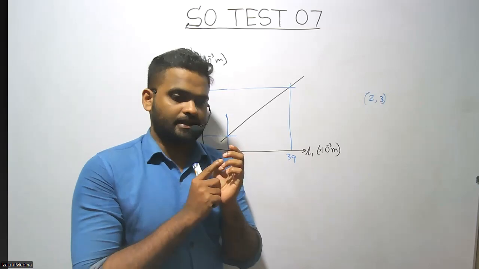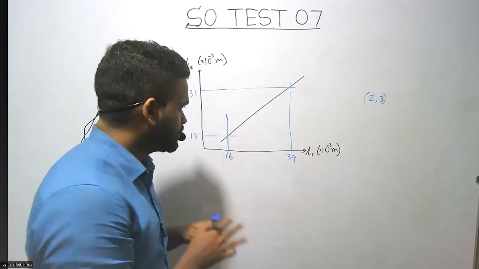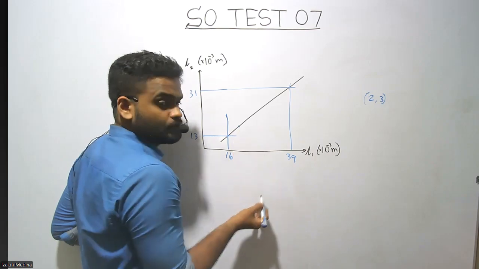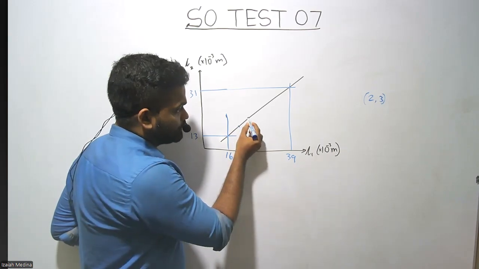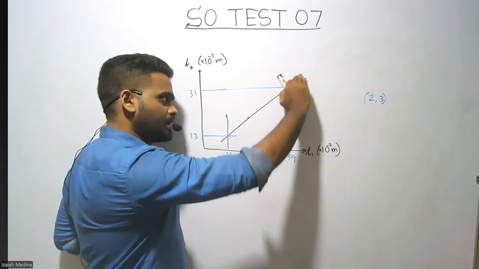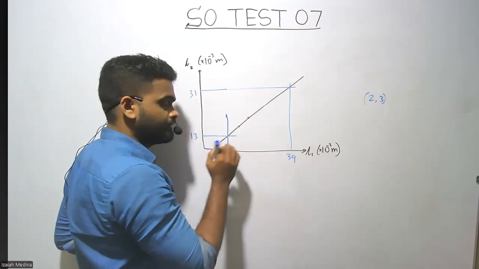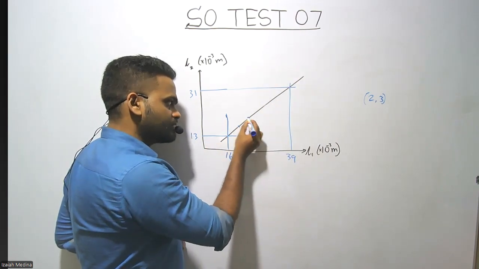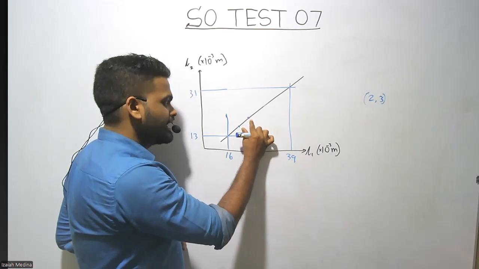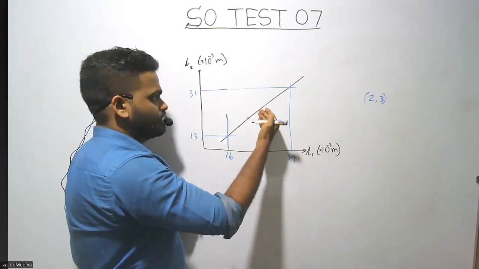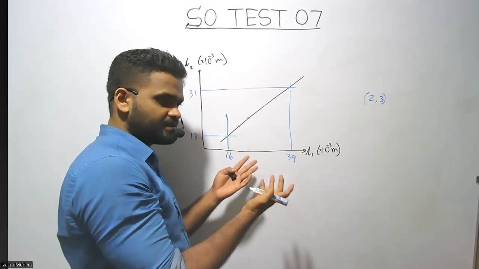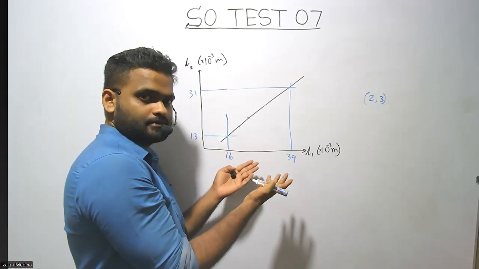The number one rule is you cannot choose two coordinates like this. Let's say one coordinate here, another coordinate here. Those coordinates must be on the line, one here, one here. If they are very close, the rest of the graph is useless, so it doesn't represent the data set we got.